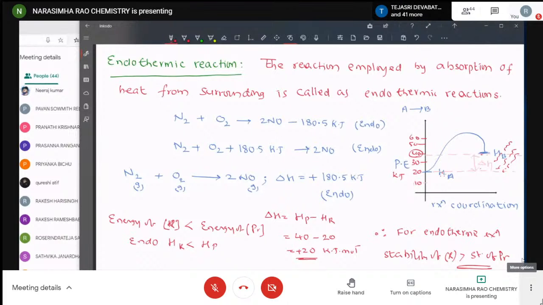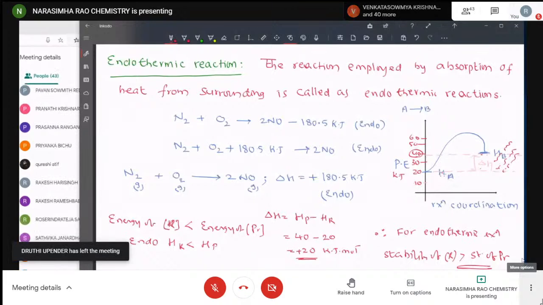Varshita, understand why we are using the negative sign and why we are using the positive sign. Signs only indicate whether energy is liberated or absorbed, but the value is not negative. The magnitude is positive only. The negative and positive signs indicate whether energy is liberated or absorbed.